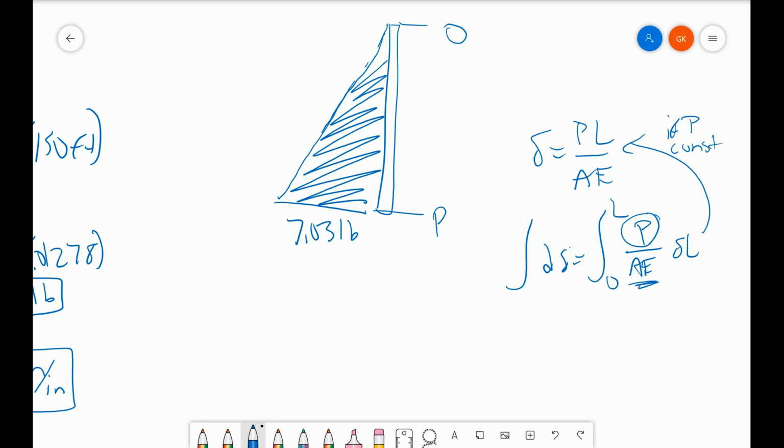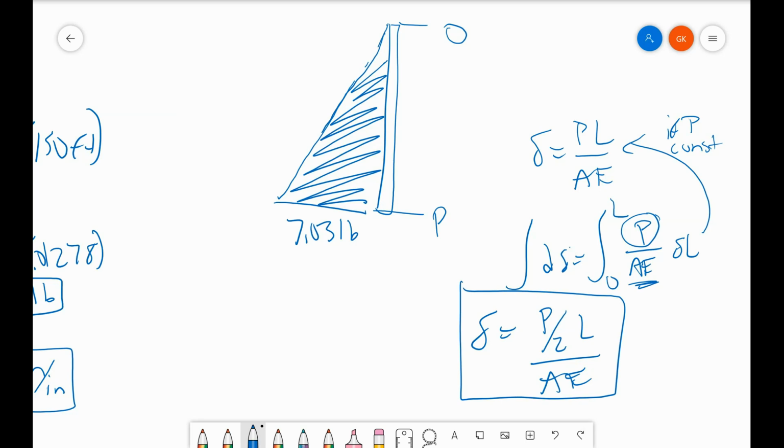And so what I get is that delta is the area of that curve, which is just a triangle, which is going to be equal to P over 2 times L, 1/2 base times height, and then over AE because that's still there. So that is where that came from. That's a little bit higher level here. But you can just remember this, that if you have some wire under its own weight, you divide the weight by 2.